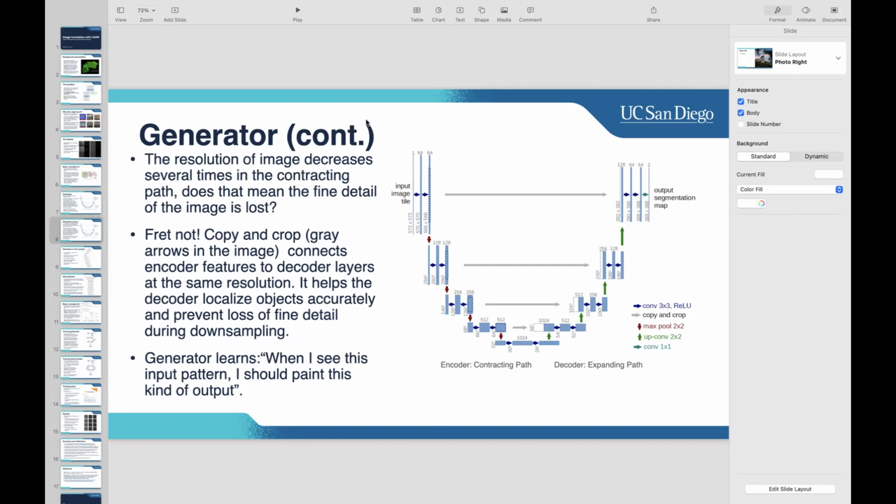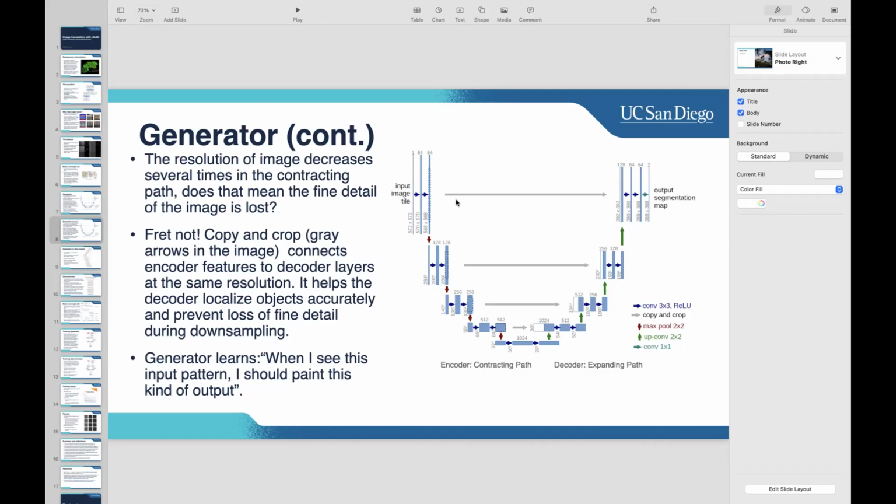And the resolution of the image decreases several times. As you can see here, this is 568, this is 280, this is 140, 68, 64, 32. So the resolution decreases several times in the contracting path. Does that mean the fine detail of the image is lost? Actually, the detail is not lost here because of these gray arrows, called copy and crop.